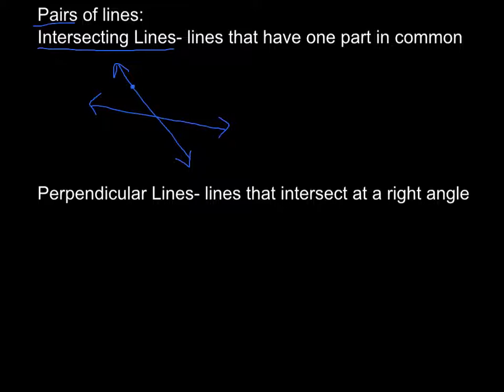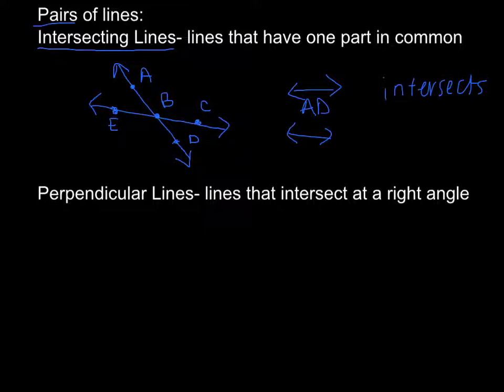Let's say this is point A, point B, point C, point D, and point E. Okay, so we can say that line AD intersects line EC, and it intersects at point B. Okay, that's where they intersect, at that point B.